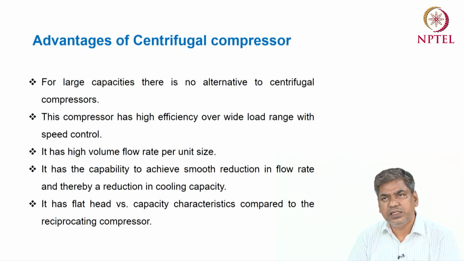For industrial refrigeration systems, the centrifugal compressor is generally preferred, and even for building applications, for example central air conditioning systems, where the flow rate needed is very high, the centrifugal compressor is generally preferred. For any central air conditioning system and any industrial refrigeration system, the centrifugal compressor is used.